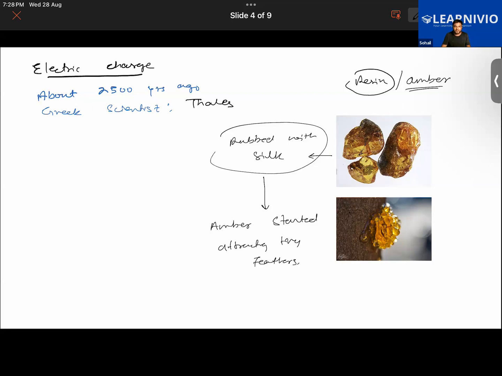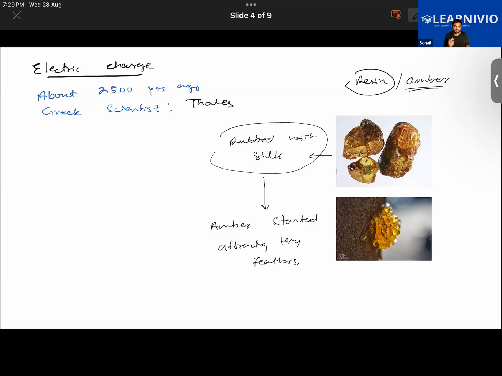As per Thales, amber acquires electric charges or electricity by rubbing with silk. As per him, electric charges are acquired by the amber. It becomes charged, and thereby it attracts tiny feathers. The force of this electric charge makes it attract tiny feathers.